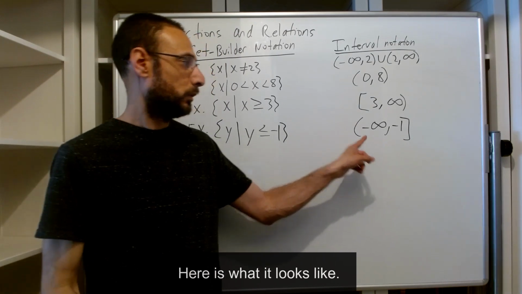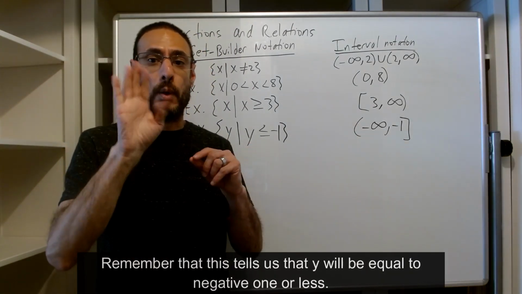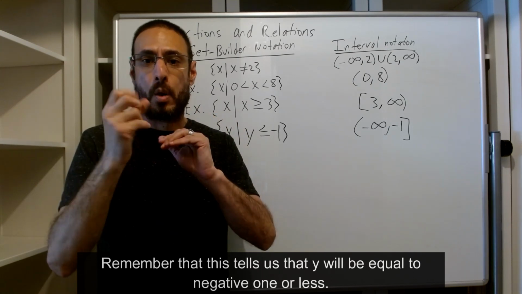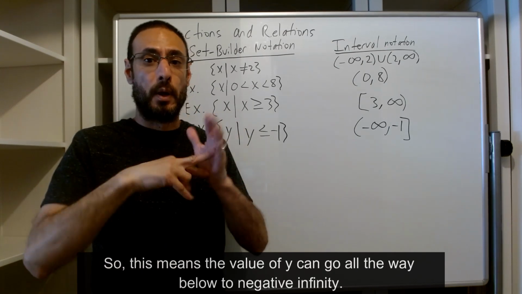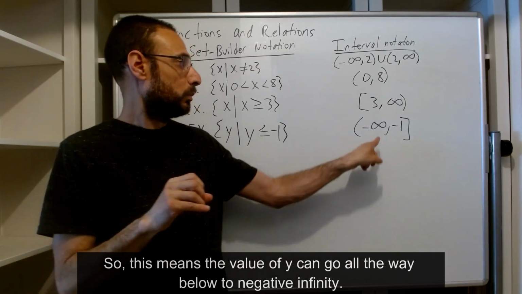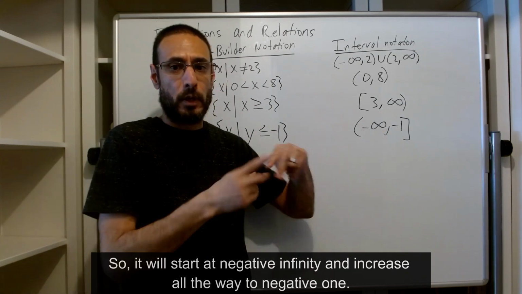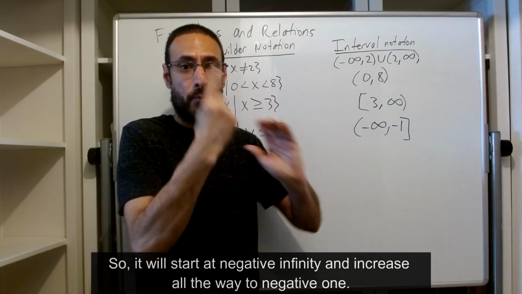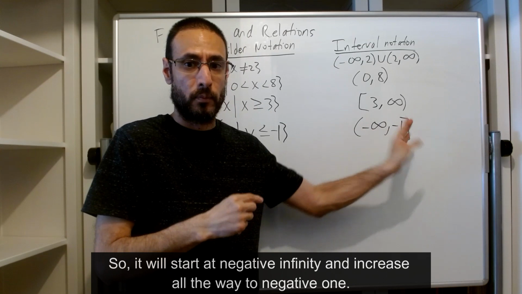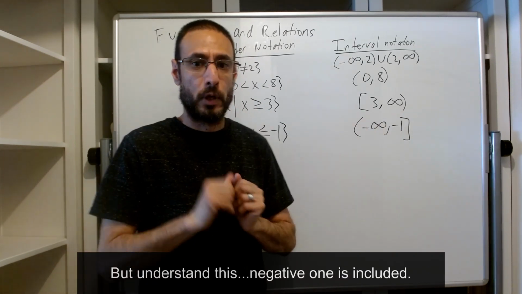Here is what it looks like. Remember that this tells us that y will be equal to -1 or less. So, the value of y can go all the way below to negative infinity. It will start at negative infinity and increase all the way to -1. But understand this. -1 is included.